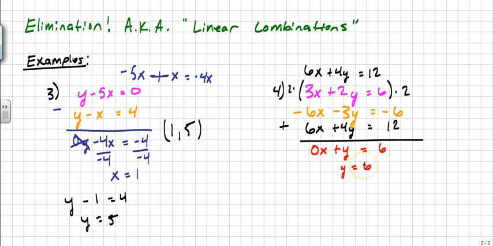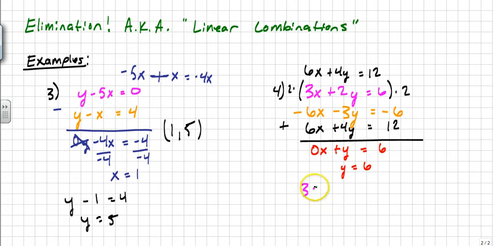Now that I have y equals 6, I can take that value and plug it back into any of these equations because they're all satisfied at 6. So let's see, I'll choose the purple one because it looks simple to me. I'm going to take 6 and plug it in for y.